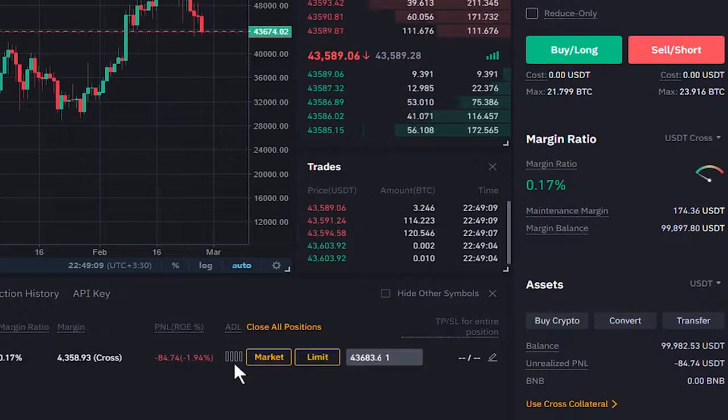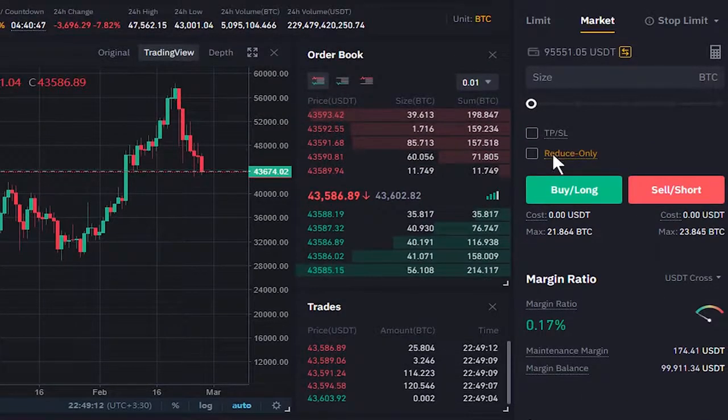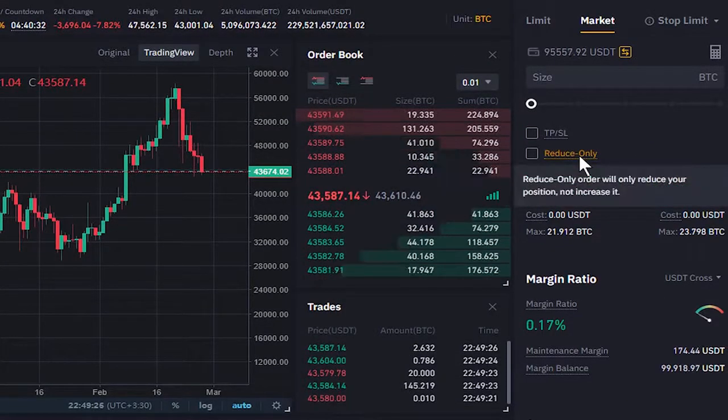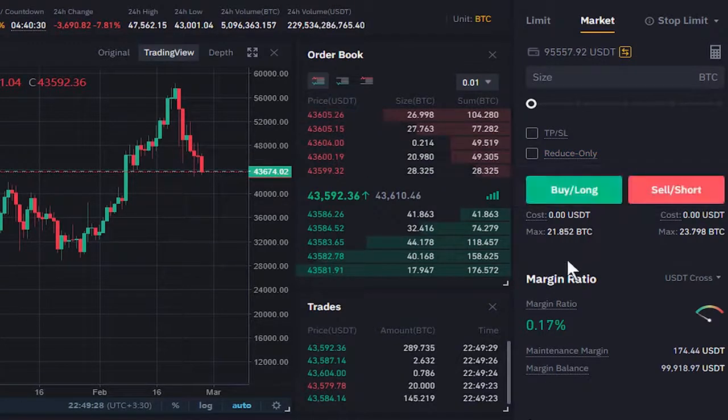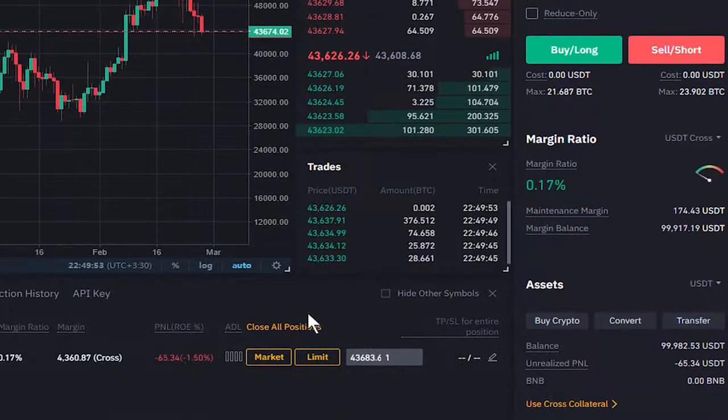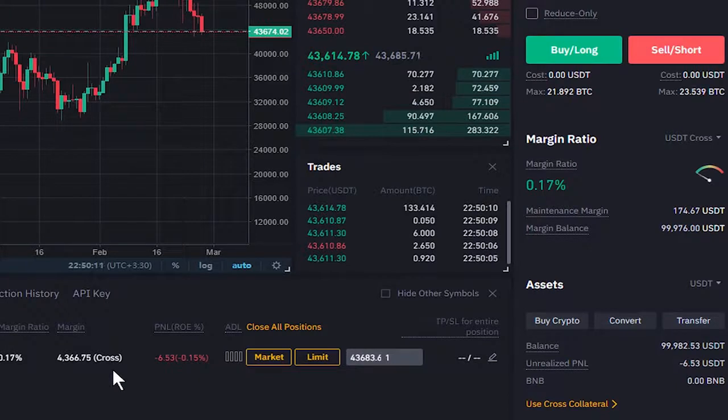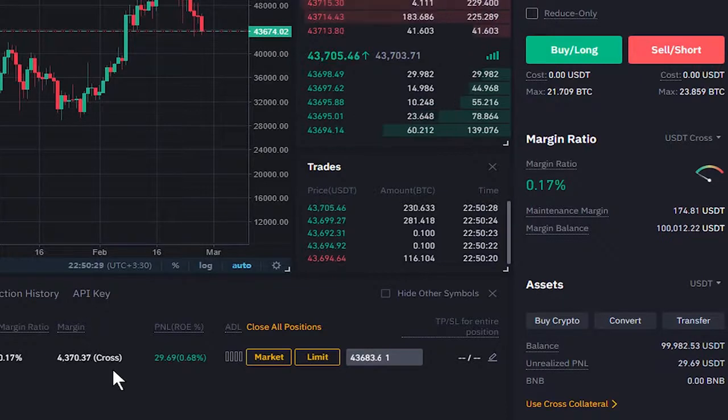I will explain reduce here, so don't worry if you don't know what it means to reduce a position. So as I said, in this case that the insurance fund failed to cover the loss, the open positions must be reduced. This is called auto deleverage, and ADL shows your position in the auto deleverage queue.